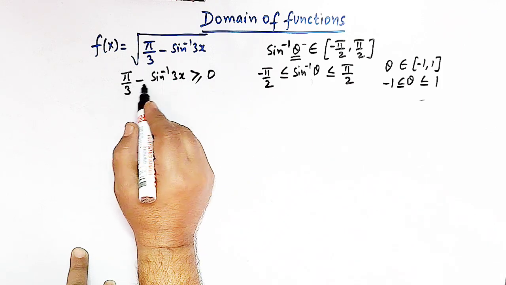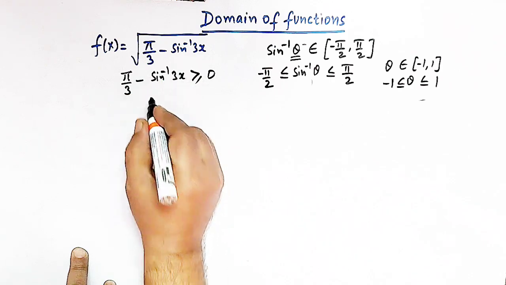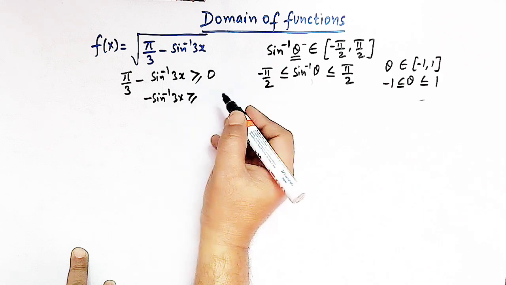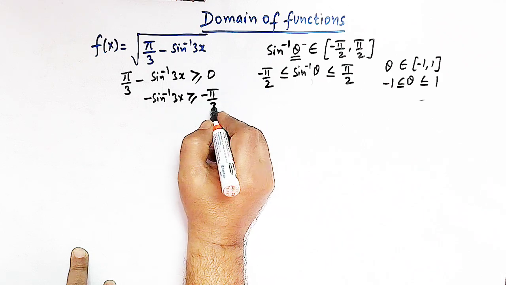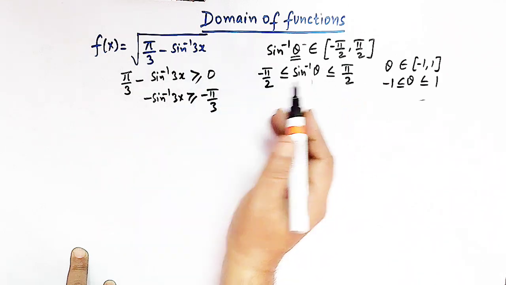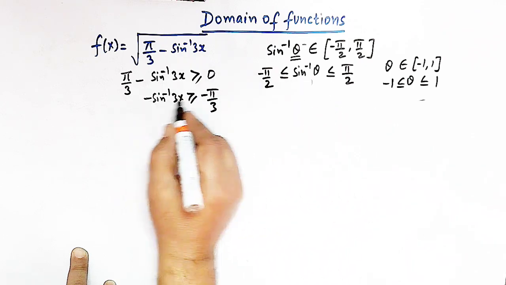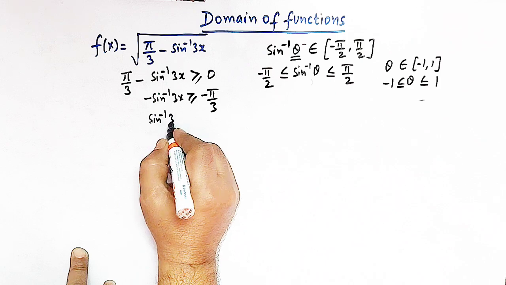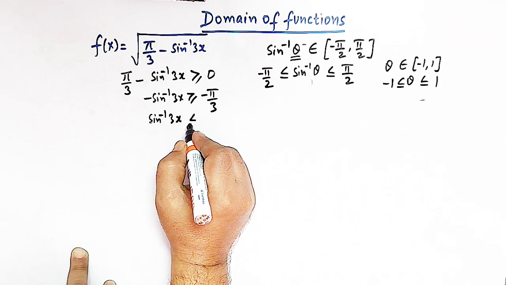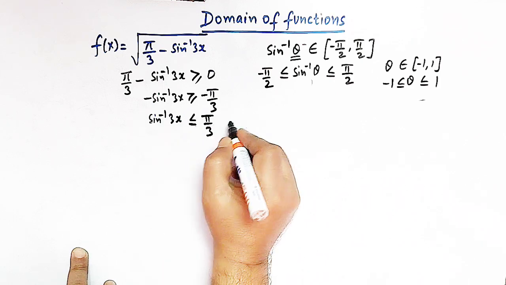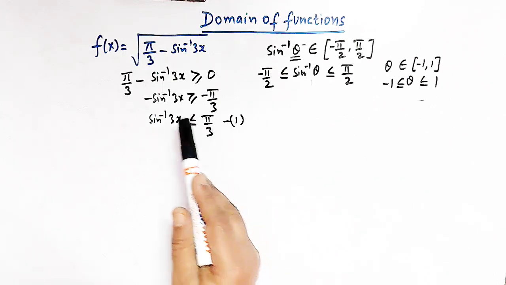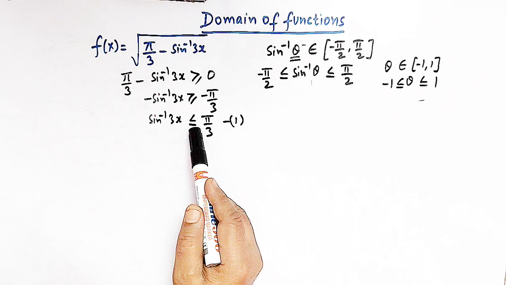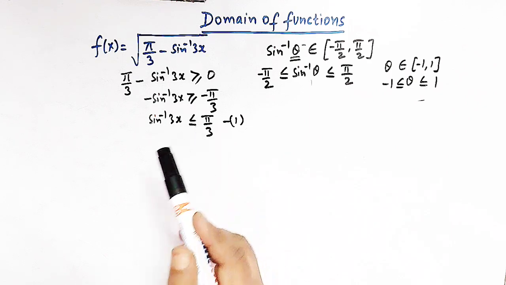So we can also write this inequality as minus sine inverse 3x greater than or equal to minus pi by 3, taking pi by 3 to the right hand side. Now cancelling the negative signs, we have sine inverse 3x less than or equal to pi by 3. When we cancel these two negative signs, the direction of the inequality gets reversed, right?